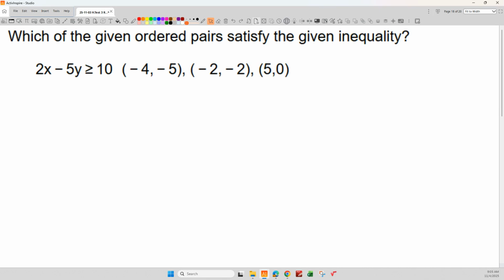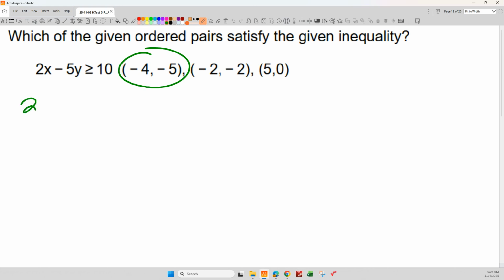Okay. We'll just do one of these. How would I know if this first one is a solution or not? Plug it in and see if it's true or false. Yeah.